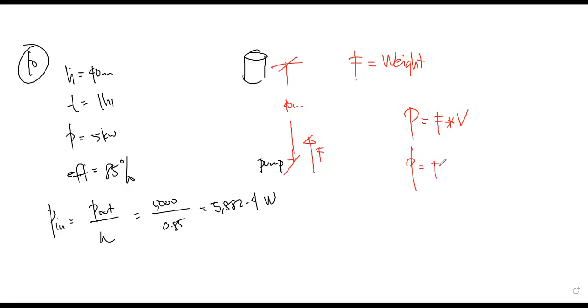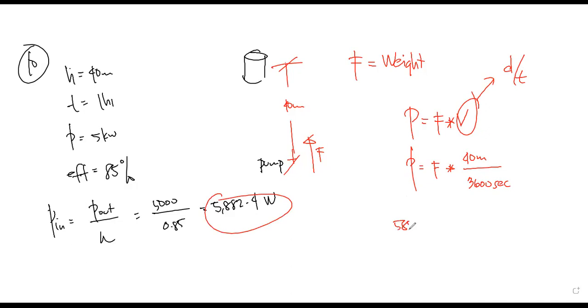We can rewrite this as force multiplied by the distance over time, since velocity is distance per unit time. The distance is the height, that is 40 meters, divided by the time of 1 hour, that is 3,600 seconds.